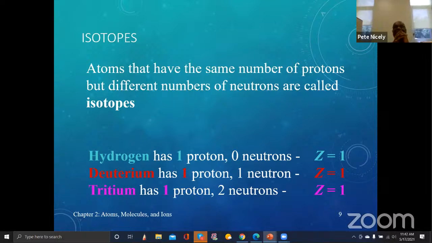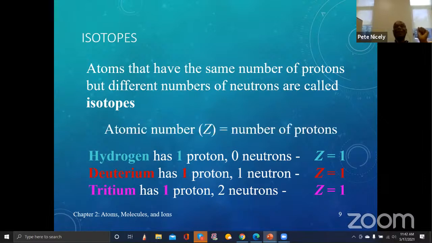And the atomic number, which is another term you should be familiar with, gives the number of protons in the nucleus of an atom of an element, all right? So the atomic number is the number of protons, and conventionally, the atomic number is represented by the uppercase Z, right? If you look in most textbooks, you'll see that representation for the atomic number.